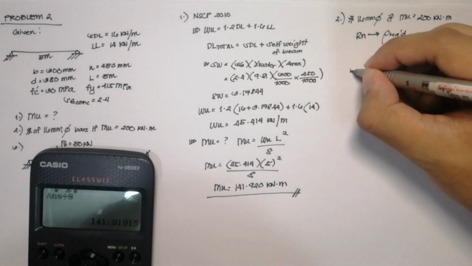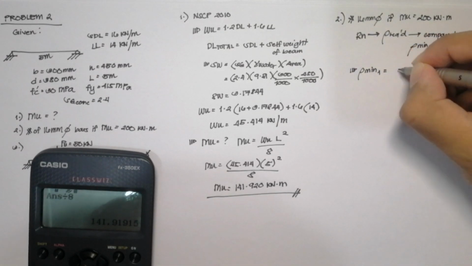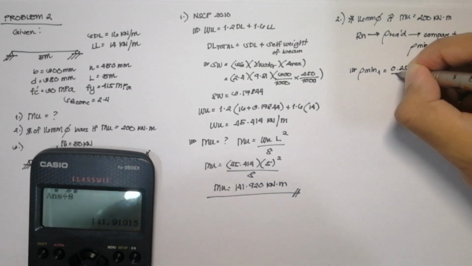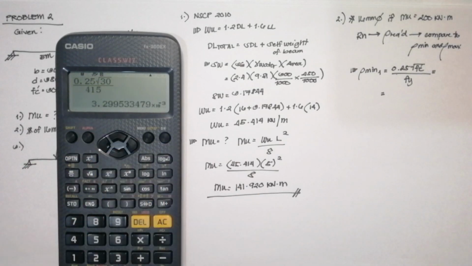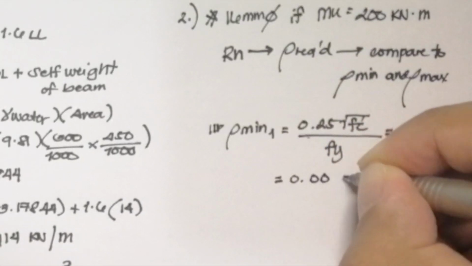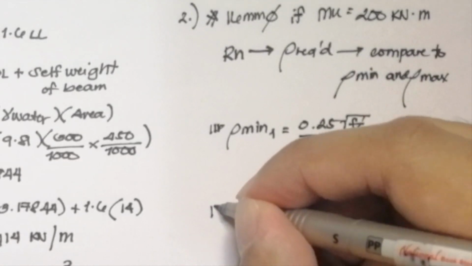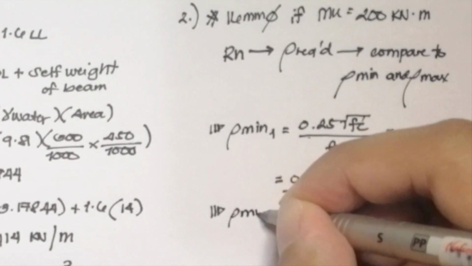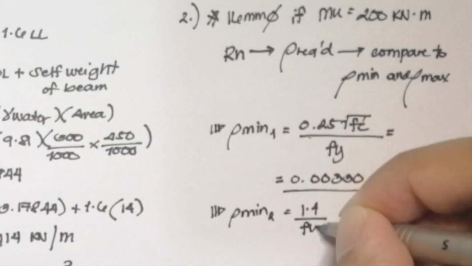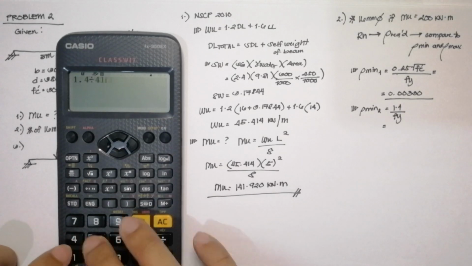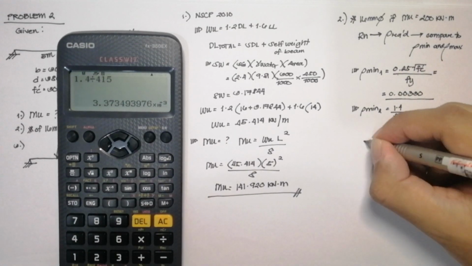So our rho min 1 is equal to 0.25 square root of fc prime over fy, and substituting our values, we get a value of 0.0330. And for the rho minimum 2 is equal to 1.4 over fy, we can get a value of 0.003373.